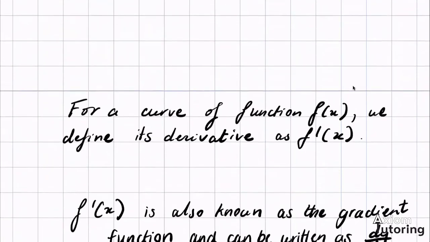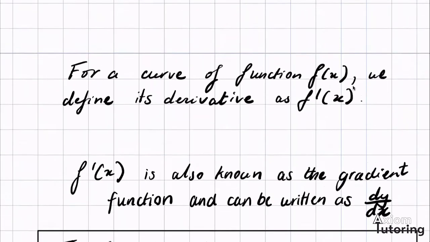Okay. So to start with, for a curve of the function f of x, we will define its derivative as f dash of x. So f dash of x is also known as the gradient function and can be written as dy over dx. So f dash of x that we see up here is equivalent to dy over dx.